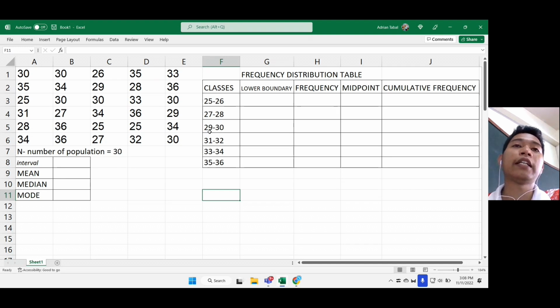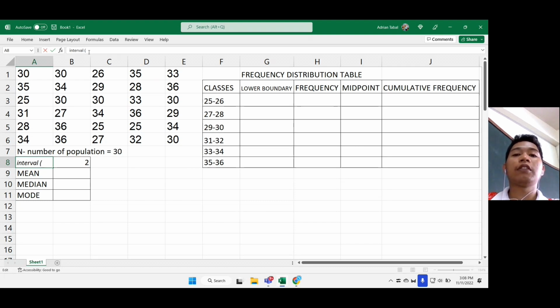That is the interval. Another example, 29 minus 27 equals 2. So the interval of this distribution table is 2. The interval has a variable, small letter i. So remember this variable letter i.